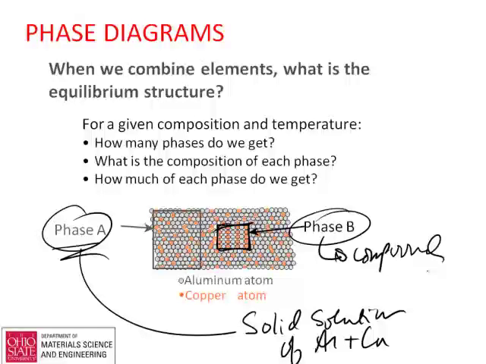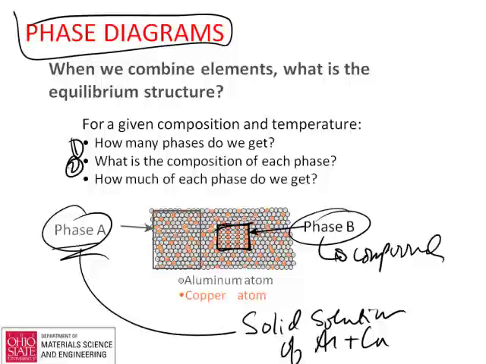And what we're going to do with phase diagrams is, with those two phases, we're going to ask questions at any given composition and temperature, so long as things are in equilibrium. And that's kind of an if that I'm going to gloss over. Ask me questions if you like. First, how many phases do you get? Second, what's the composition of each phase? And third, how much of each phase do we get?